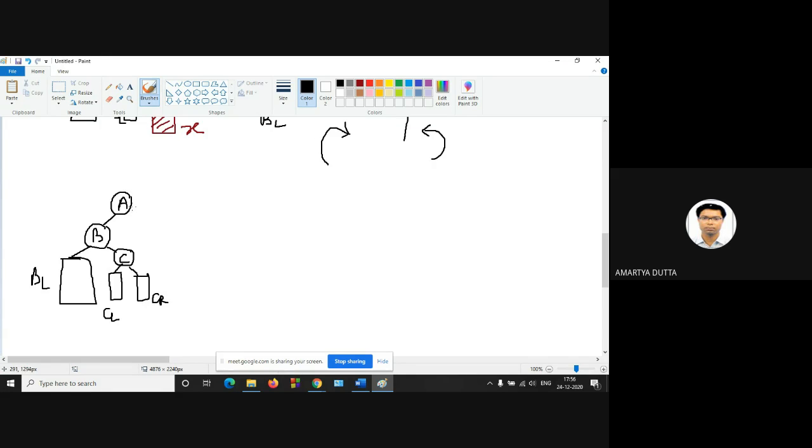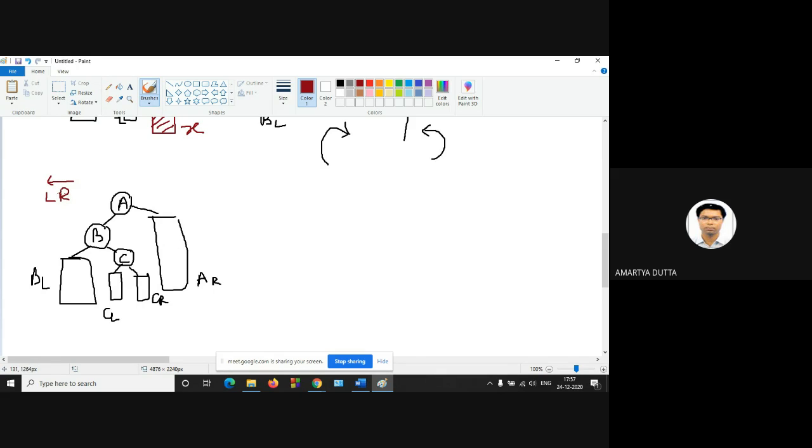And from A, you are getting the last leaf node, let this be AR. Okay. Now here we have to discuss LR. LR means you have to scan from right to left.